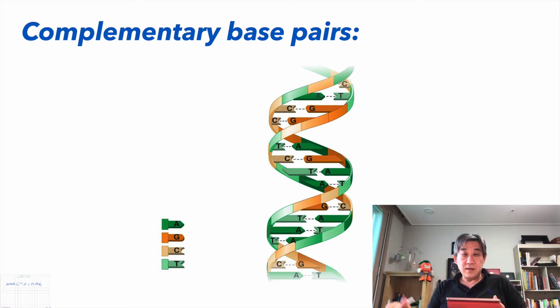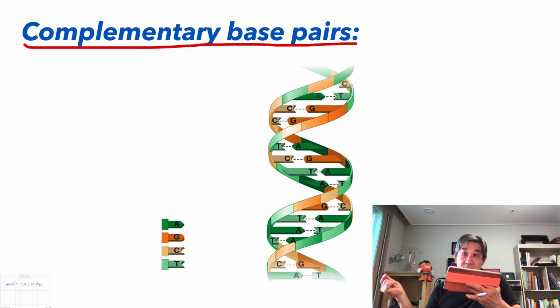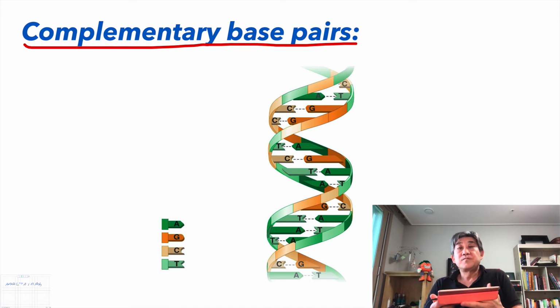Now, the highlight of the structure of the DNA in relation to its feature of self-replication is the complementary base pair. In this diagram, what you can notice is that this model illustrates the way these two DNA strands are assembled.